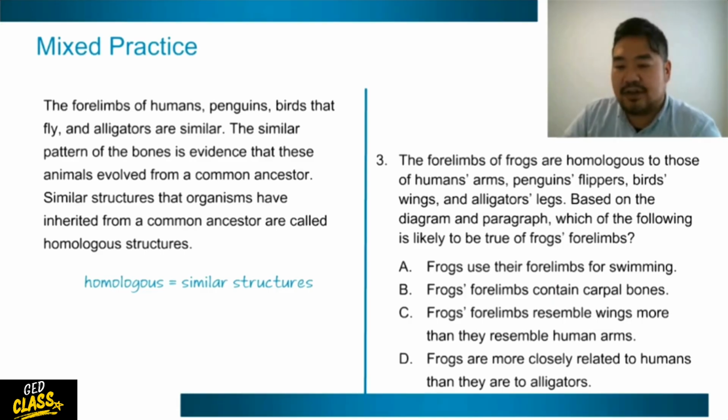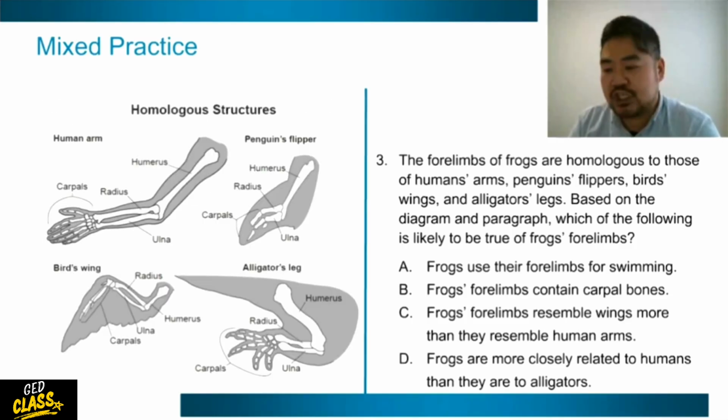All right, let's take a look at question number 3 here. They mentioned the forelimbs of frogs are homologous to those of human arms, penguin flippers, bird wings, and alligator legs. Based on the diagram and paragraph, which of the following is likely to be true of frogs' forelimbs? If the forelimbs of frogs are homologous to all those other things we just saw, what has to be true? They must have something to do with the same structure.